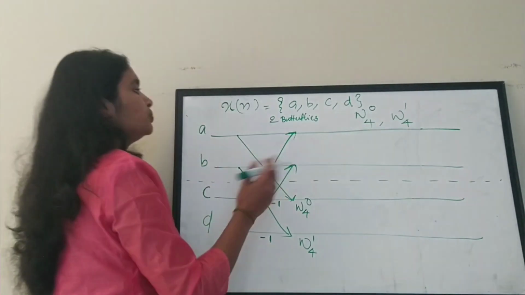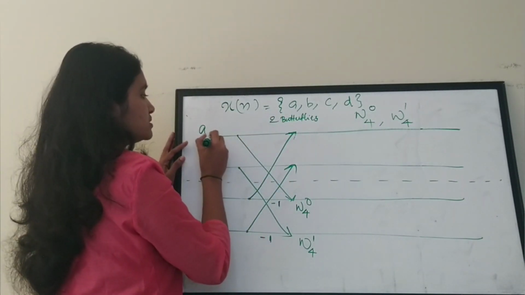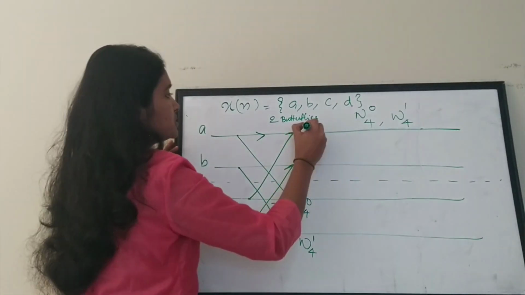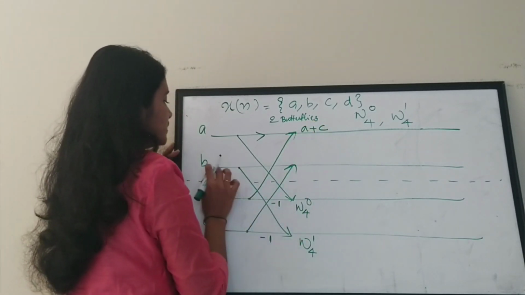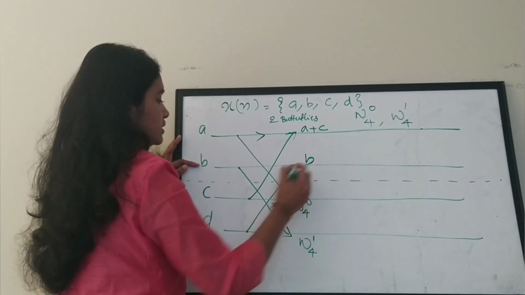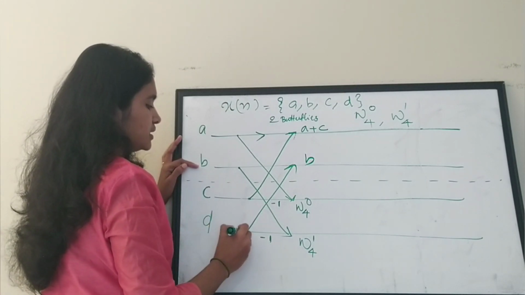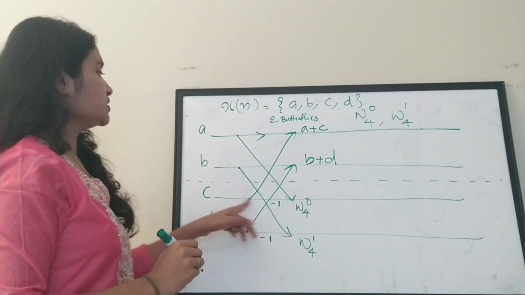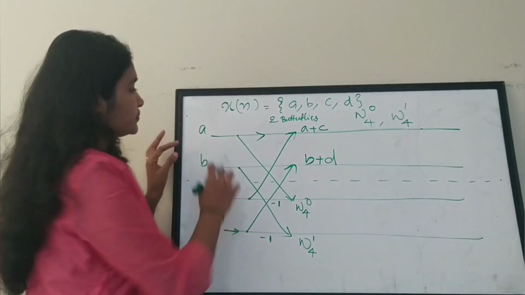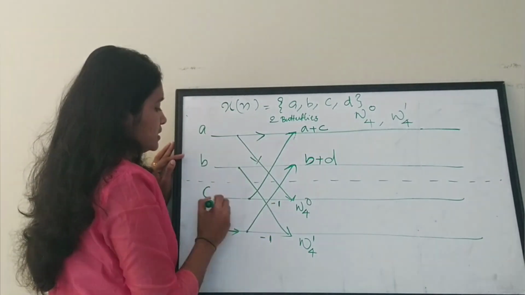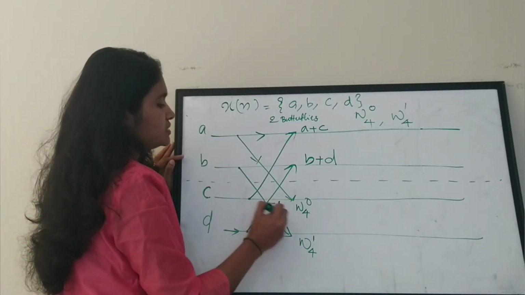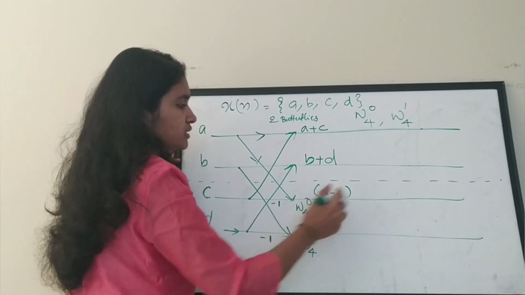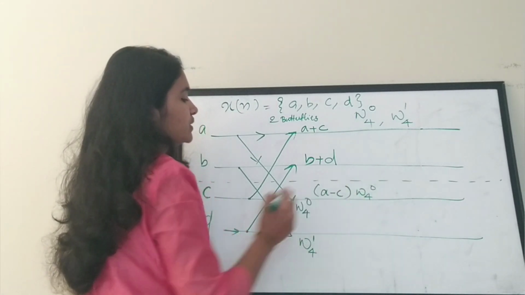And how will be the output here? So here it will be like this, that is A, then C. So here it is A plus C, here it is B, and the other one is coming from D, right? So it is B plus D, right? So here one value is coming from A and the other one is C, and here there is a negative, so it is A minus C. Again, if you look, there is a twiddle factor, so W4 raised to 0.